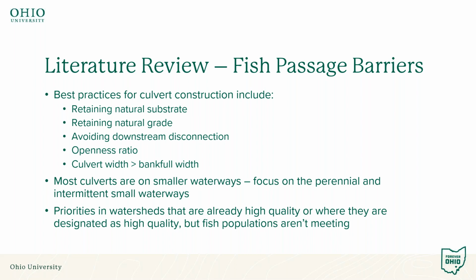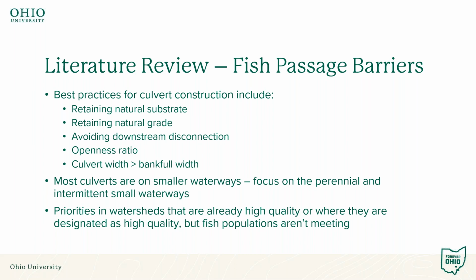There are also a couple of very culvert or conduit specific measures that are seen as important for fish passage. One of them is this idea of an openness ratio. An openness ratio is essentially a ratio between the cross-sectional area of the culvert and the length of the culvert. Generally, an openness ratio of greater than 1 or 1.5 is seen as positive for improvement of fish passage.